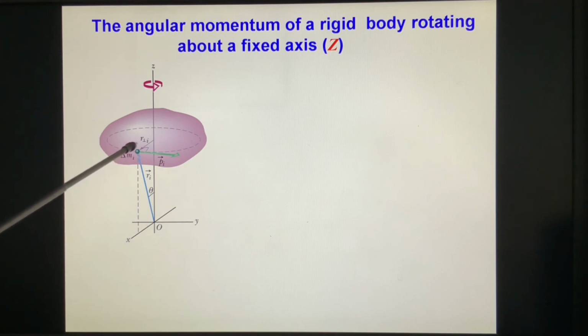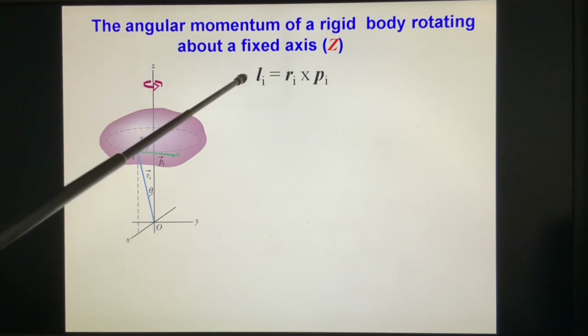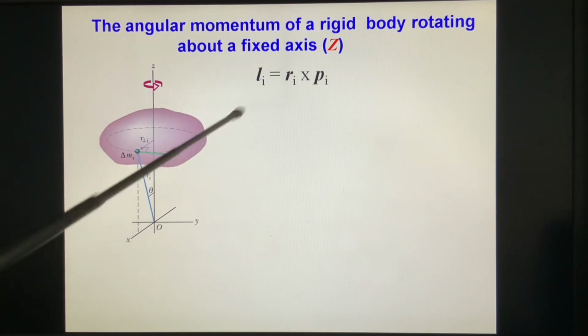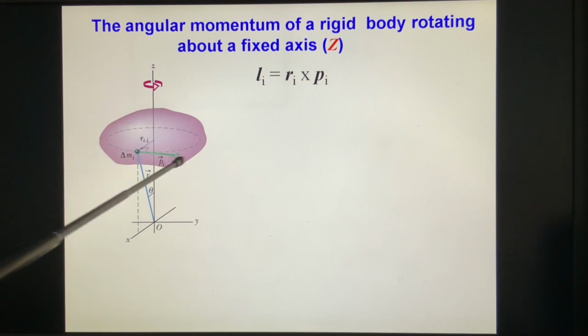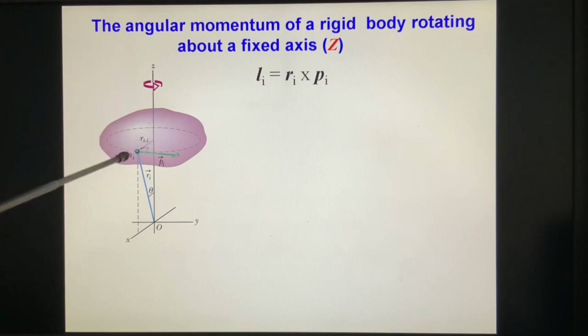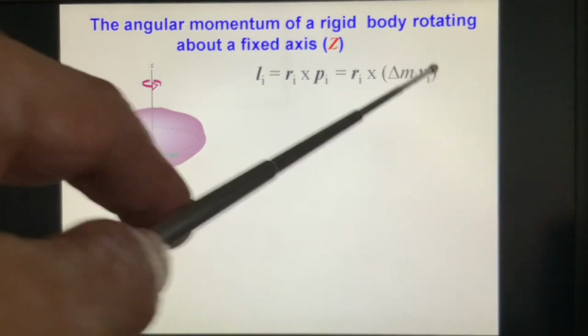Its location is ri from O, and its angular momentum around O is ri cross pi. The velocity should be perpendicular to the z-axis and to its radius, right? Now, pi equals delta mi vi.